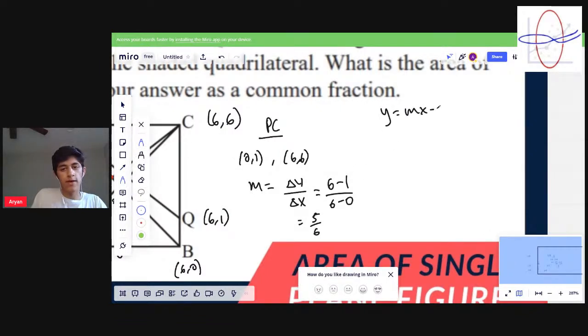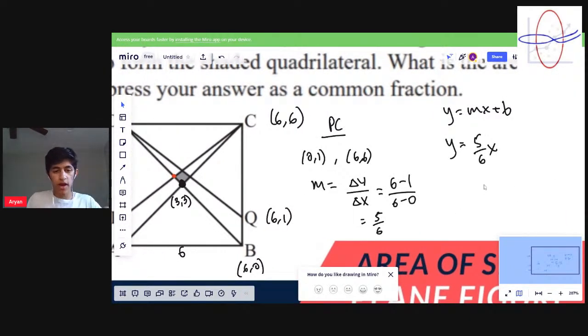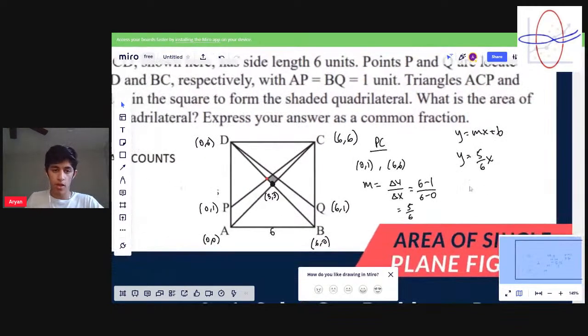This is called slope-intercept form, not point-slope. y is our variable, and m is 5 over 6. Now what's b? b is our y-intercept. We already know that in the diagram, the y-intercept of PC is just P, which is 0, comma 1.